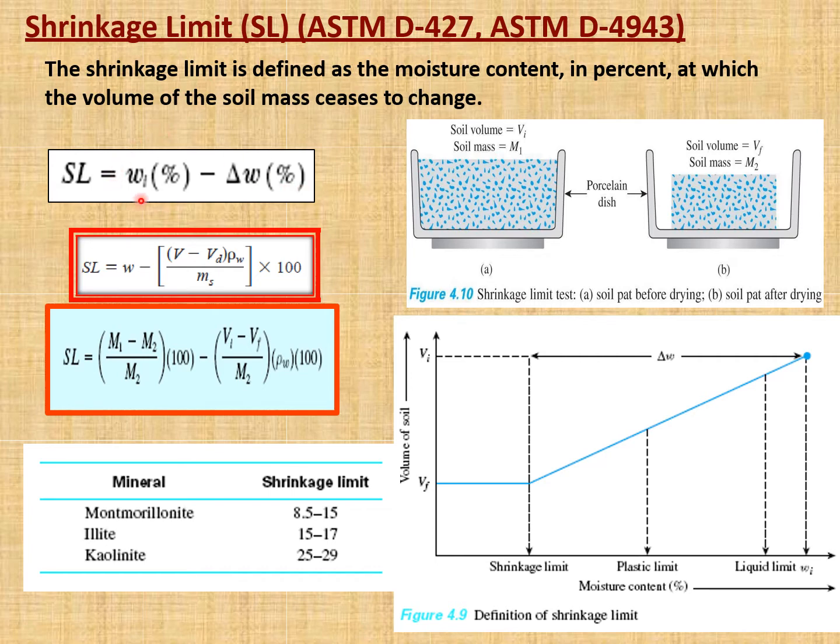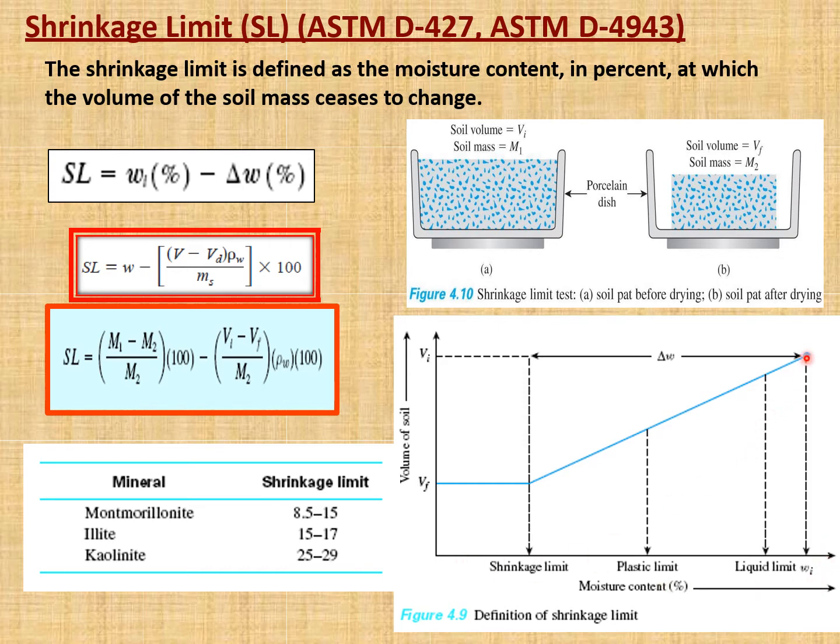So W sub I is basically the moisture content of this soil in percentage, and delta W is basically the change in moisture content from the initial moisture content to the moisture content at the shrinkage limit. You can understand this from the graph.